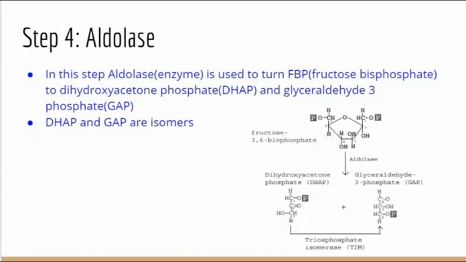Next in step 4, we have aldolase. The enzyme aldolase turns FBP, short for fructose bisphosphate, into DHAP and GAP. And in case you're wondering, I'm going to use a lot of abbreviations because of the long names. You can refer to the slides or just look at the screen and you'll know what I'm talking about.